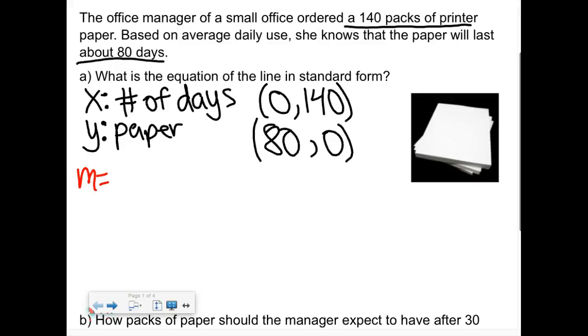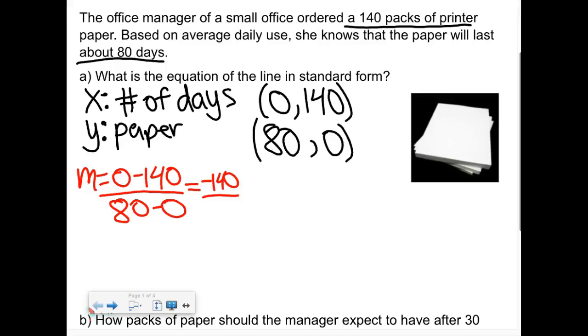I'm going to have 0 minus 140, and on bottom we are going to have 80 minus 0. That top is going to equal negative 140, and on bottom that's going to equal 80. Now both of these are reducible by 20, so our slope is negative 7/4.